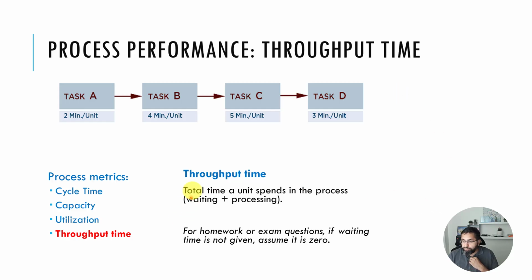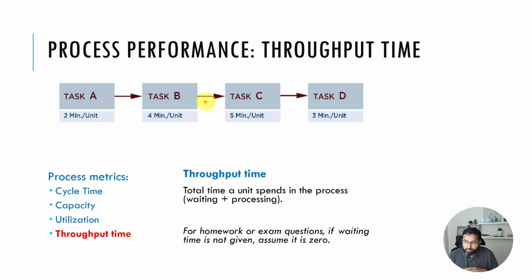So the way we get throughput time is we just follow this unit that entered here and keep adding all the time it takes until it gets out. When this unit, marked with a red ribbon or a flag, enters here, task A is going to spend 2 minutes on it. Then it's going to maybe wait here because of blocking or whatever, so we add the waiting time.